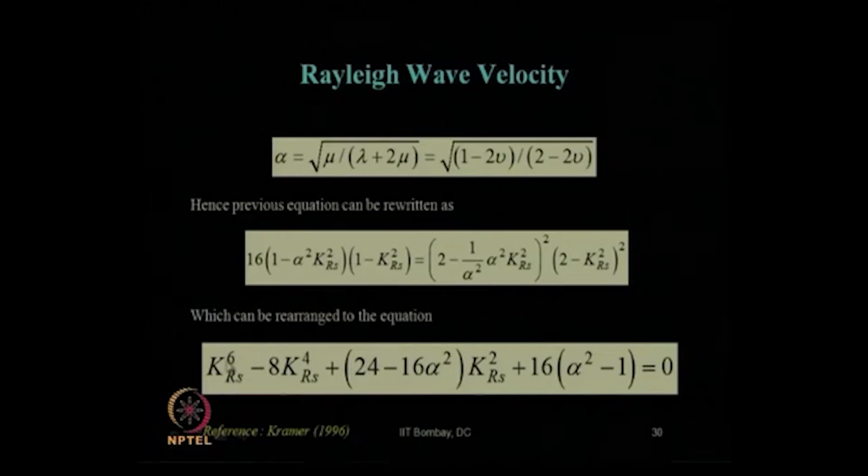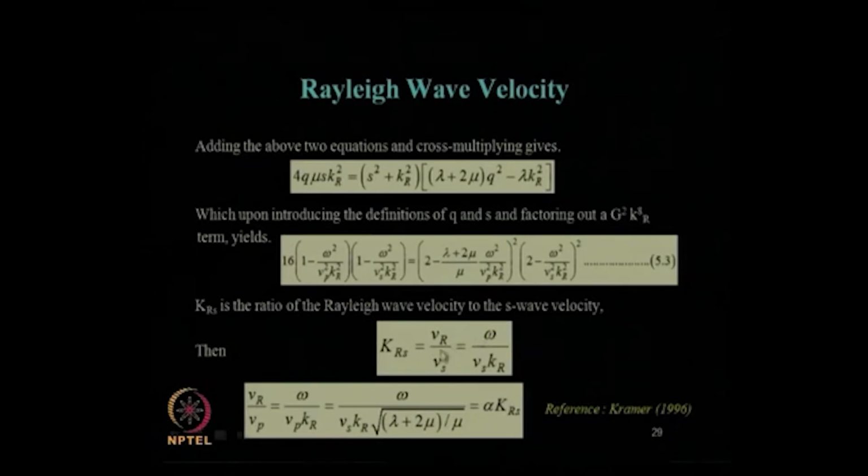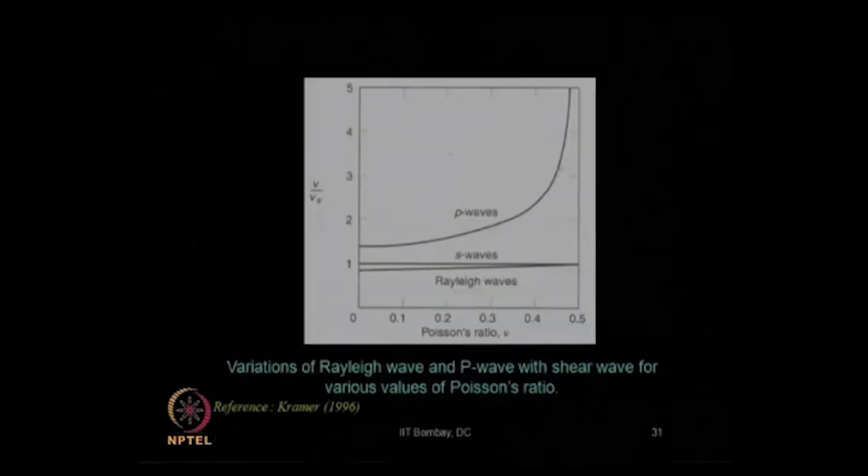So, once you get the value of K r s, then what can you use? You can use the shear wave velocity, which is known to you, to compute your V r value. So, that is the way V r is calculated. Now, let us see the variation of the Rayleigh wave velocity with respect to P wave, shear wave and Poisson's ratio.